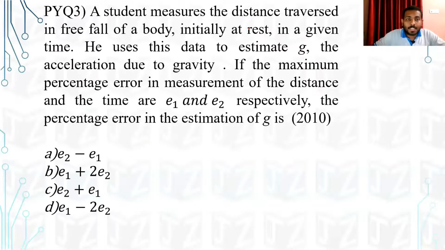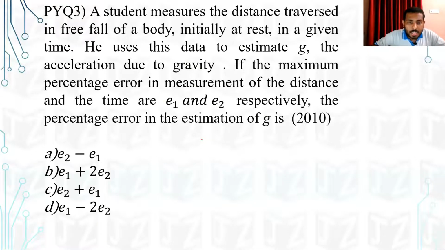So let us look at the next question. A student measures the distance traversed in free fall of a body initially at rest in a given time. He uses this data to estimate g, that is the acceleration due to gravity. If the maximum percentage error in the measurement of distance and time are E1 and E2 respectively, then the percentage error in the estimation of g is.